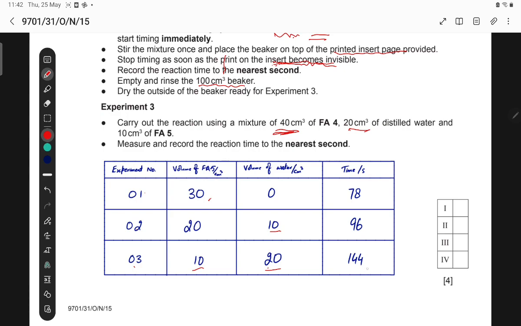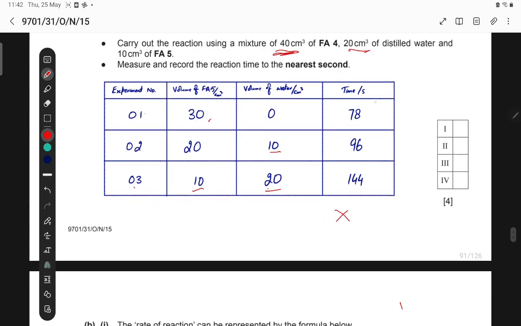In this experiment, after 144 seconds, the cross placed on the printed insert page is invisible. So these are the results.